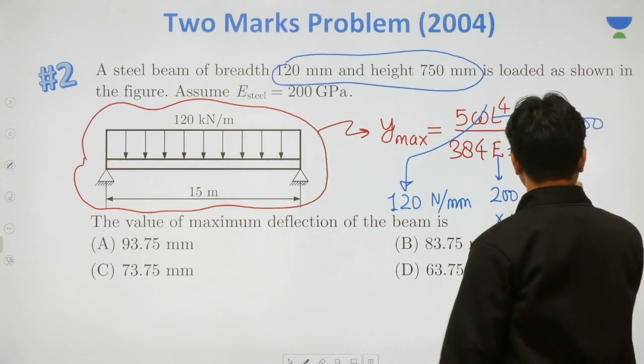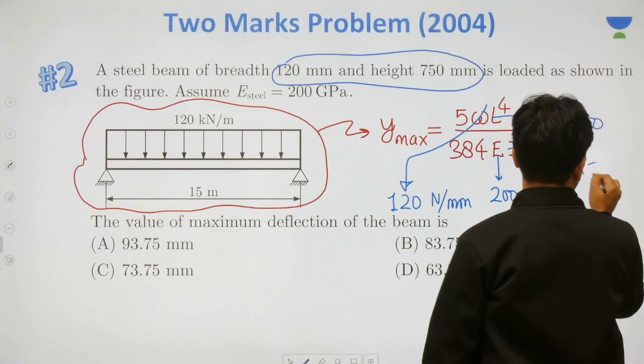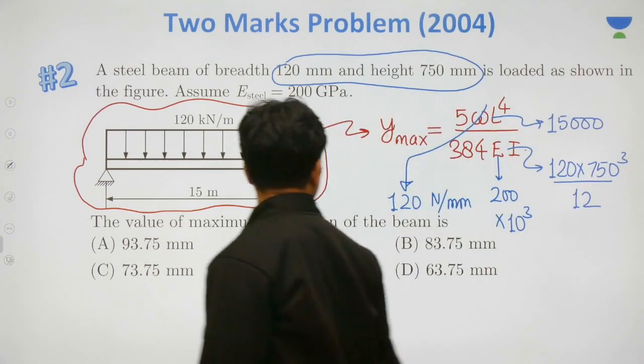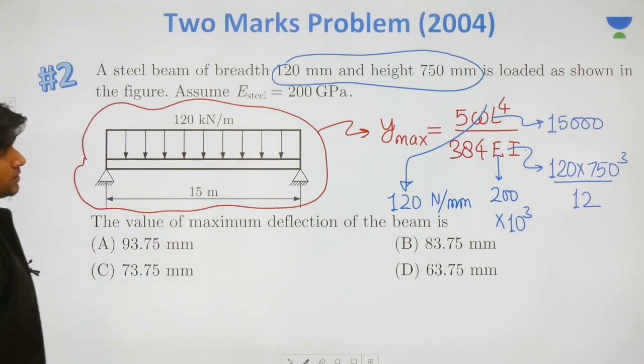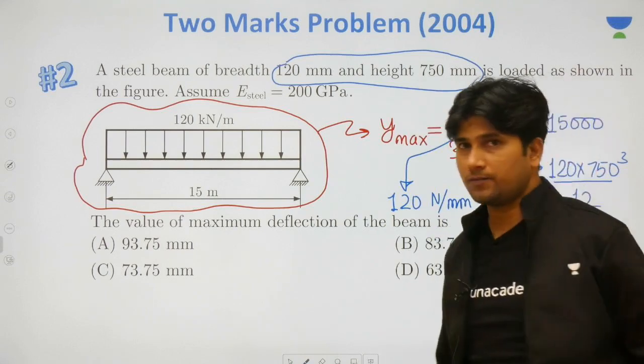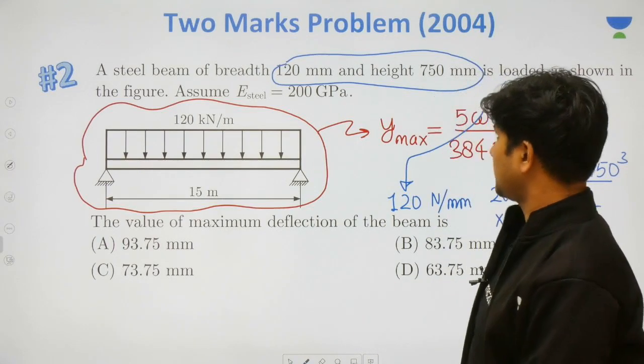So you can calculate moment of inertia as 120 into 750 cube divided by 12. This was a 2 marks problem, but it should not take more than 10 seconds for you to solve, because this was a directly formula based problem.